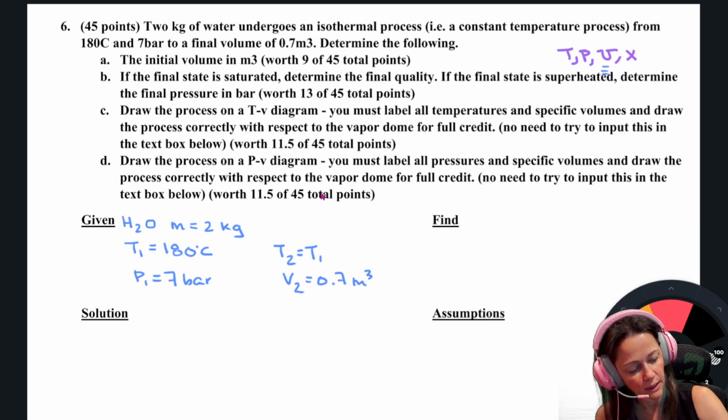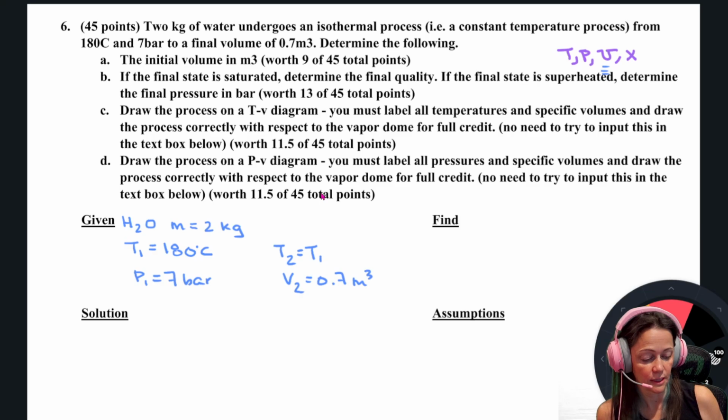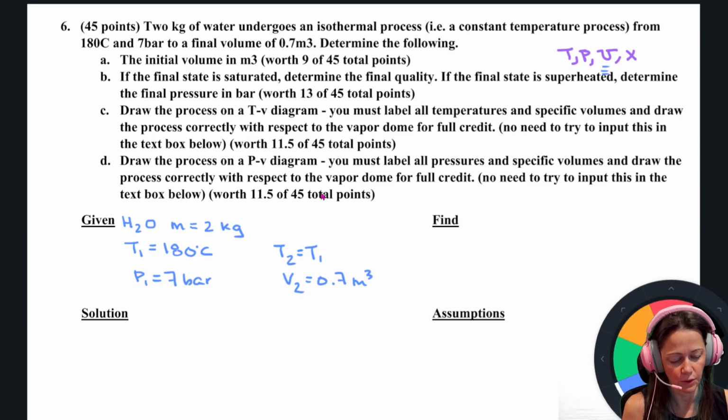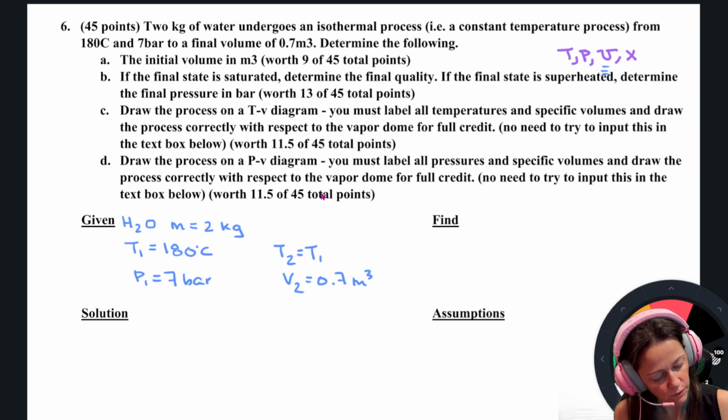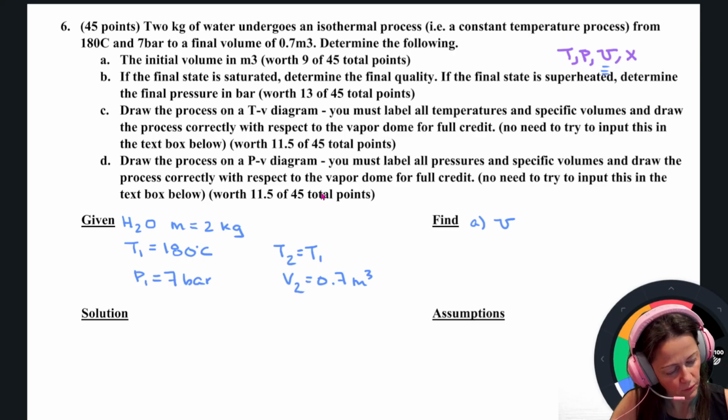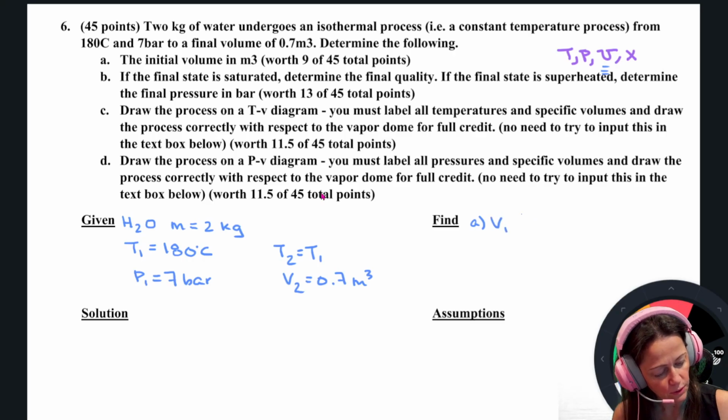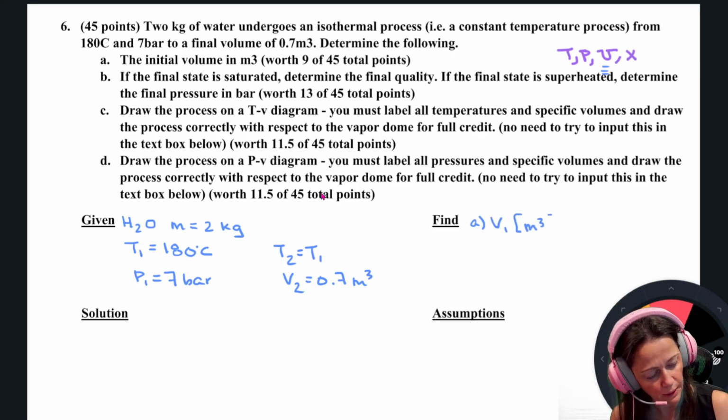Now that's related to specific volume, but it's not the same thing. So we're probably going to have to calculate the specific volume, which should be okay. We need to find the initial volume. Let's put that initial volume V1. Oops, I just wrote specific volume, didn't I? So V1, units are in meters cubed.